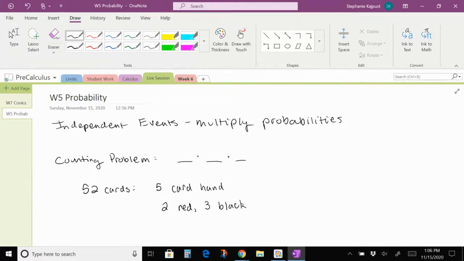The order that I have those doesn't matter, so it's a combination. I can't just say there are 26 red cards, 2 out of 26, or out of the black cards, 3 out of 26, because once you take a card, that probability changes, because the total number of cards changes.